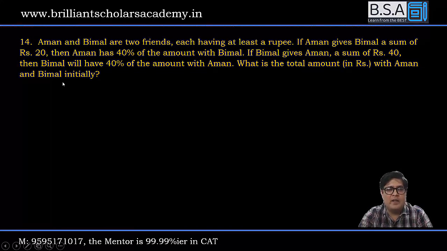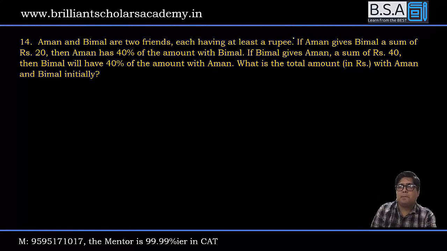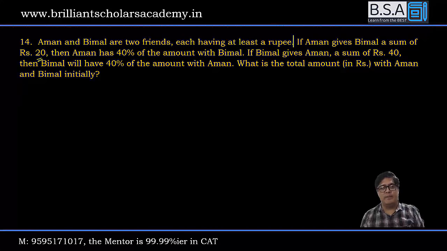चलो. Aman and Bimal are two friends, each having at least 1 rupee. कम से कम 1 रुपया तो they have. Aman gives Bimal a sum of 20 rupees. Aman has 40% of the amount with Bimal.